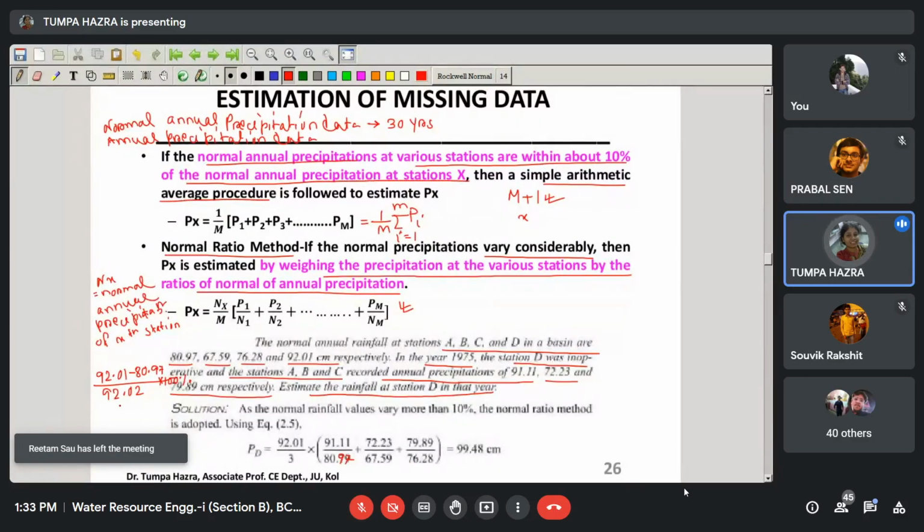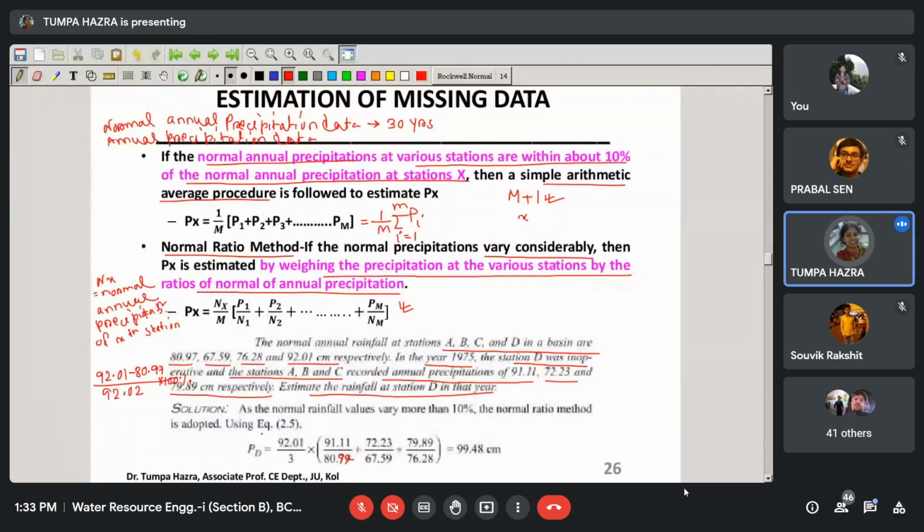So you cannot use the simple arithmetic average procedure. So you will go for the normal ratio method. Whenever it is decided which method you will apply, it is easy.